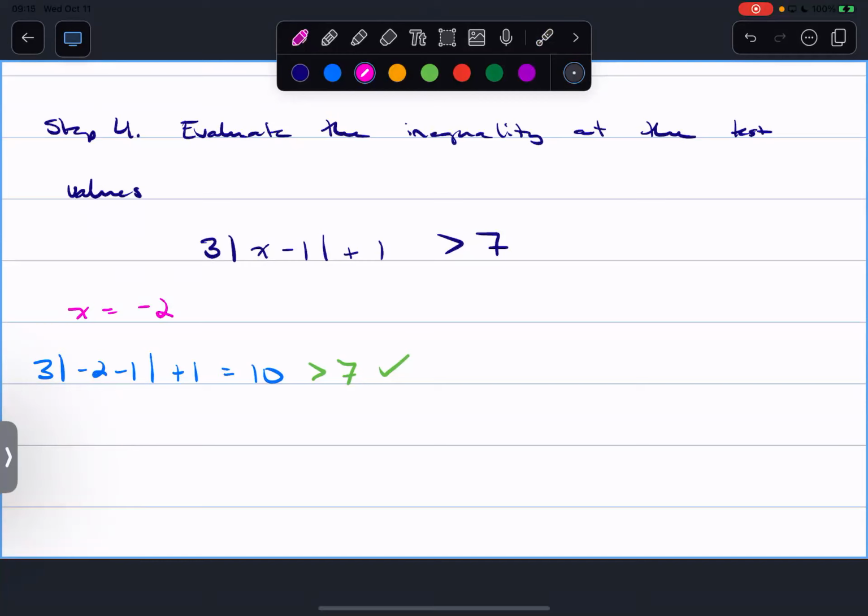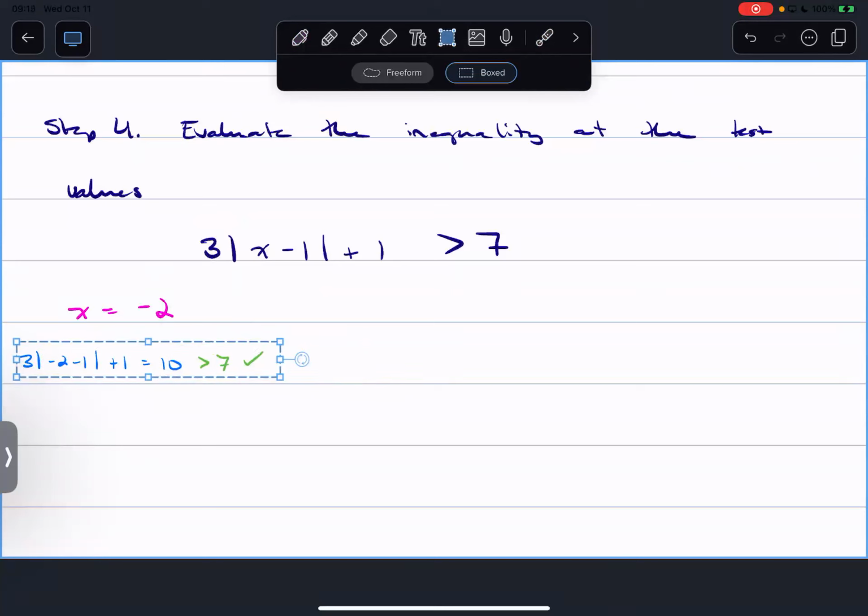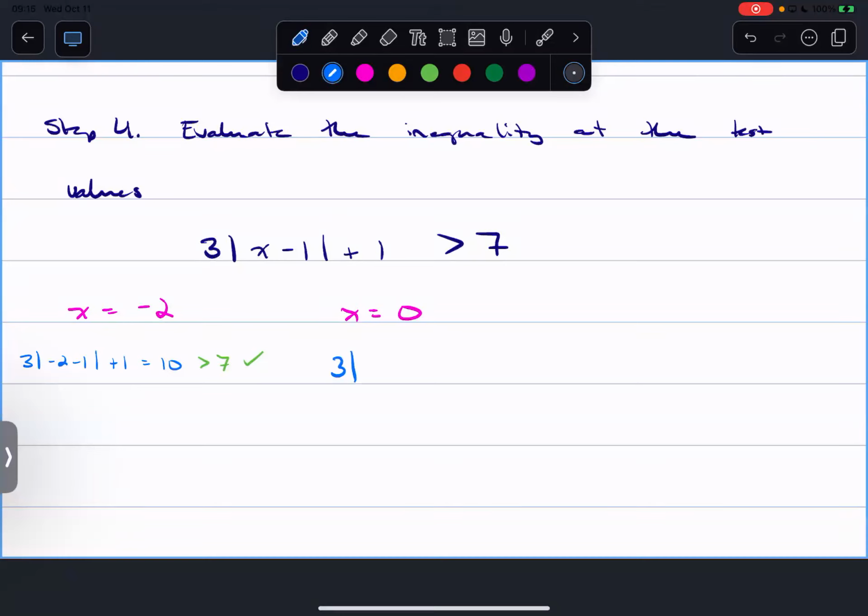What about, and maybe I'll try to shrink this up a little bit so I can fit them all side by side. x is equal to 0, my favorite. 3 times the absolute value of 0 minus 1, plus 1. -1, the absolute value is 1, times 3 is 3, plus 1 is 4, which is less than 7. Just like we saw on the graph.